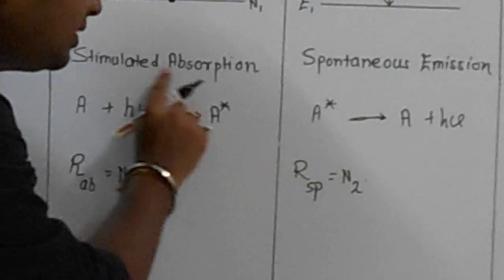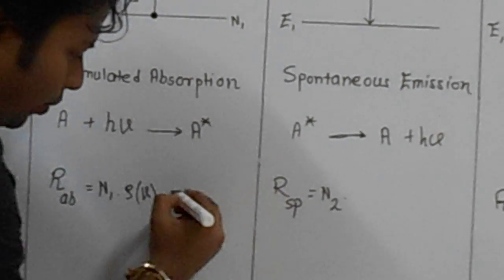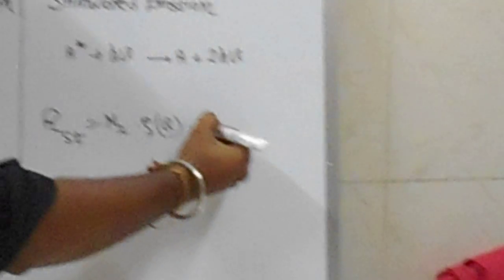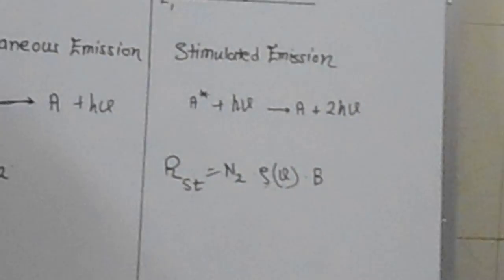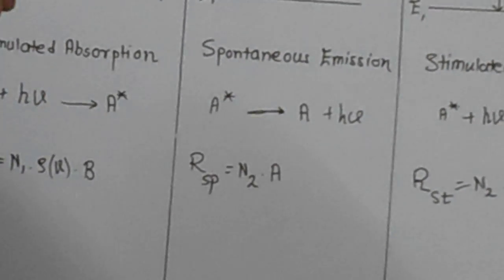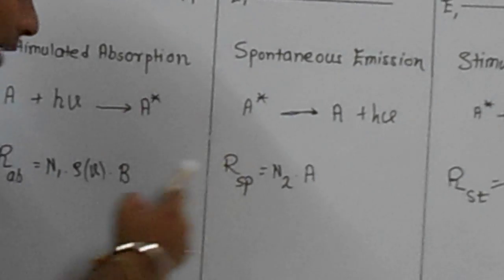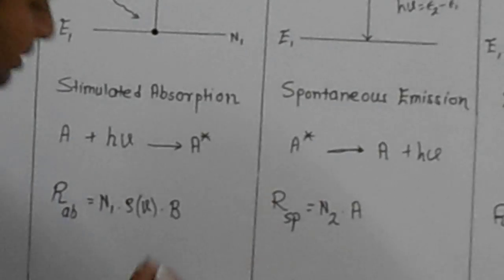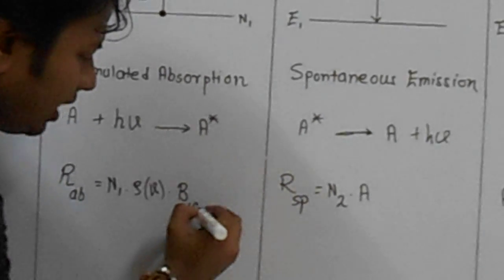Now, very important, you also have to include Einstein's coefficients in this case. If your process is stimulated, the coefficient used is B. Here also the process is stimulated, so the coefficient used is B. But if your process is spontaneous, the coefficient used will be A. Now you also have to add the suffix to these coefficients. In the first process, the electron will move from first level to the second level.